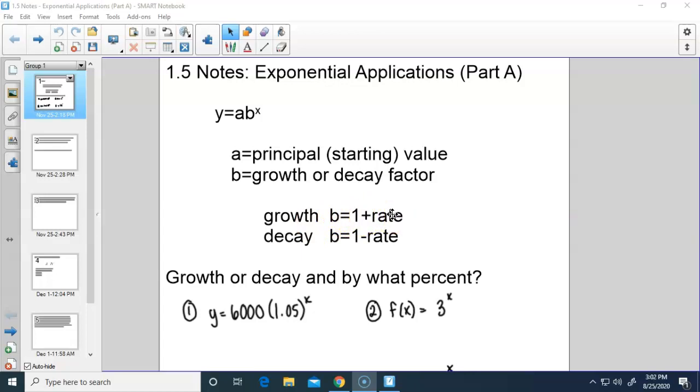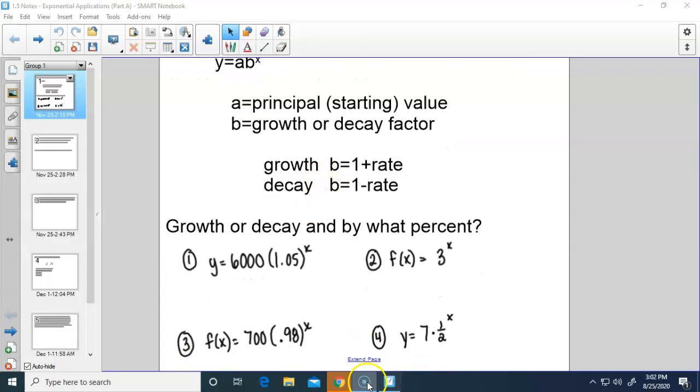So if you have a growth rate of 5%, then it would be 1 plus 0.05. If you have decay, then that b is going to be 1 minus the rate. So, for example, a decay of 5% would be 1 minus 0.05. So this is how you set up exponential equations.